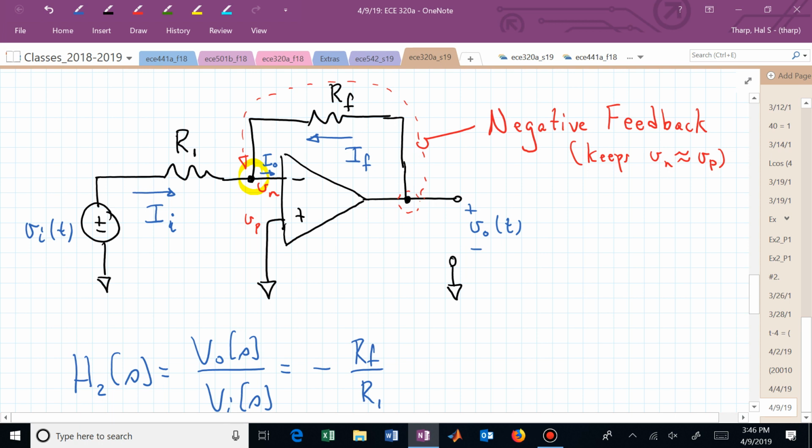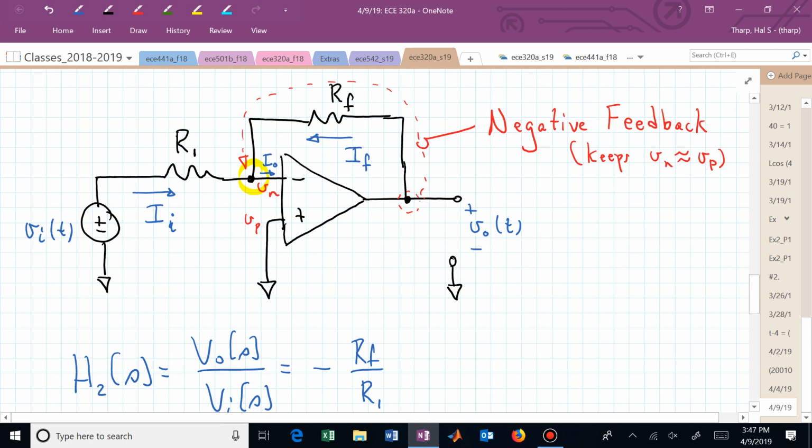And the voltage dropped across R1 from left to right, the way that we've labeled I sub I, is VI minus V sub N. But what's V sub N? Well, since we know with this negative feedback that those two terminals at the input of the op-amp are equal, and we've grounded the one, we don't need to worry about that. That's at 0. So now we have V sub I minus 0, or just V sub I, divided by R sub 1 is I sub I.